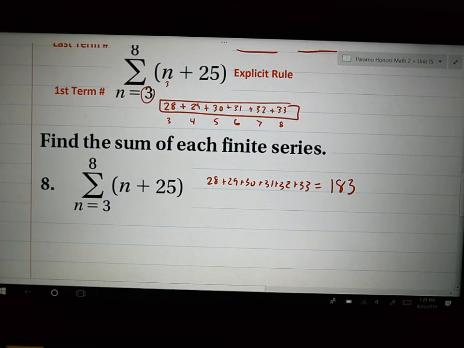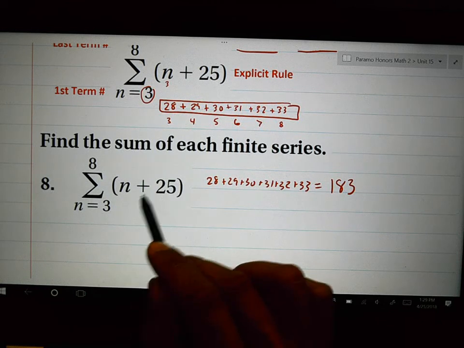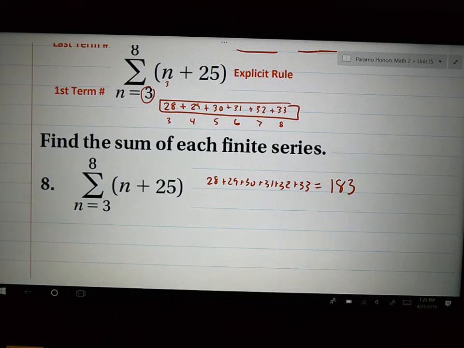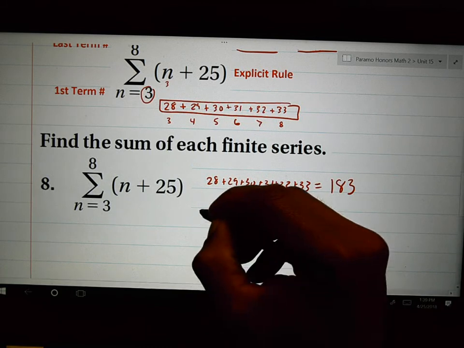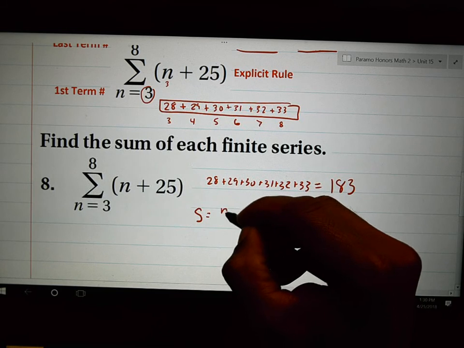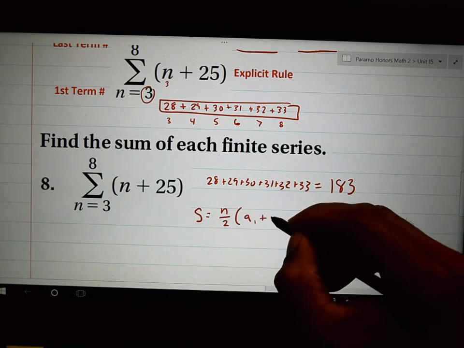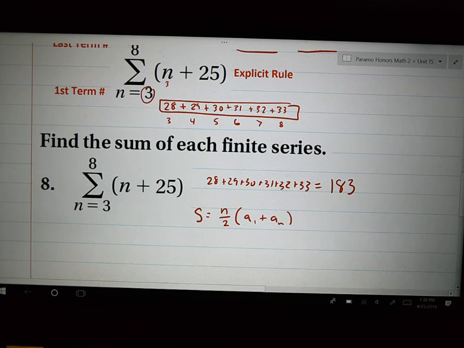Or what if there were a ton of numbers and you didn't feel like plugging it in so many times? What could you do? What you could do is you can use that same formula that we learned earlier, which was how many terms divided by 2 multiplied by, in parentheses, the first plus the last.